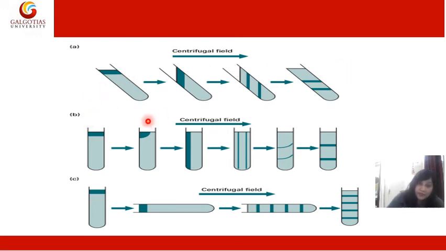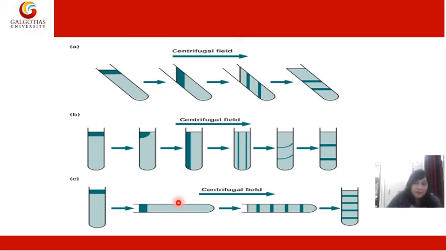What happens in case of the vertical rotor? See, when we start our run, the material first accumulates at the wall of the sample tube like this, then it drops down in a vertical way and the separation will occur vertically. After vertical separation, the separation takes place horizontally and we will get different bands at different heights.